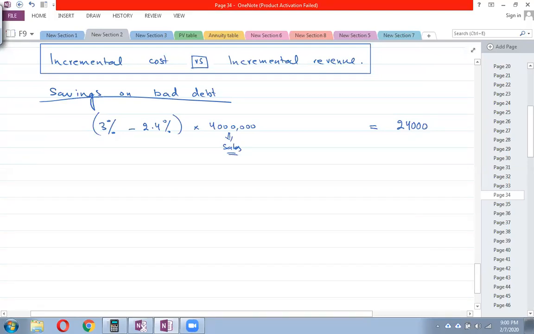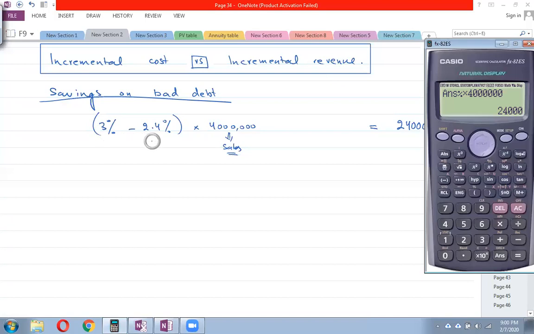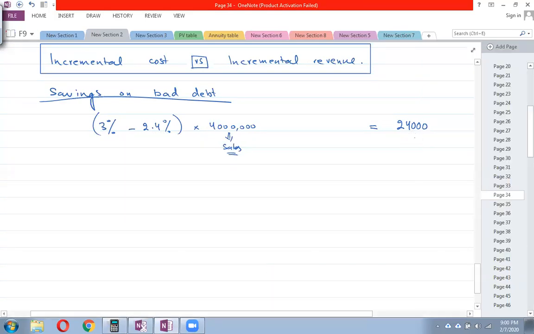Yes. So it's 0.6%, not 0.6 points. You have to consider the percentage as well. That's 0.6% of 4 million. It's 24,000. That's the saving.